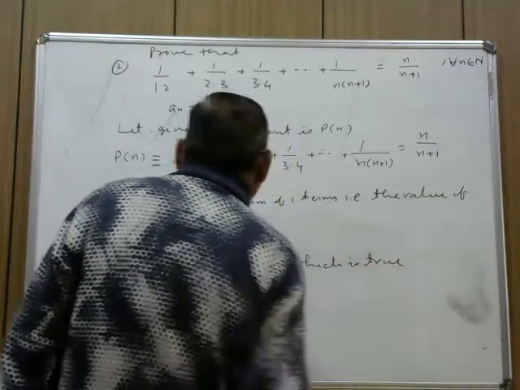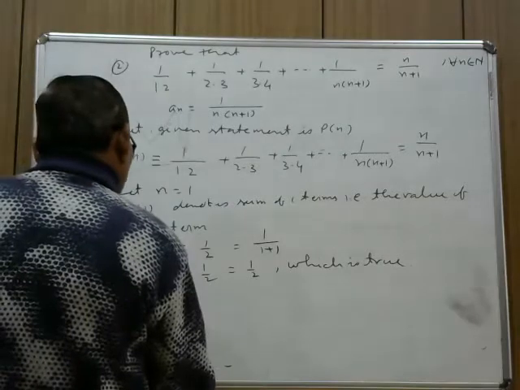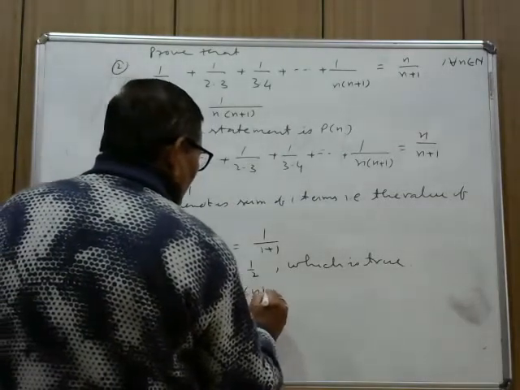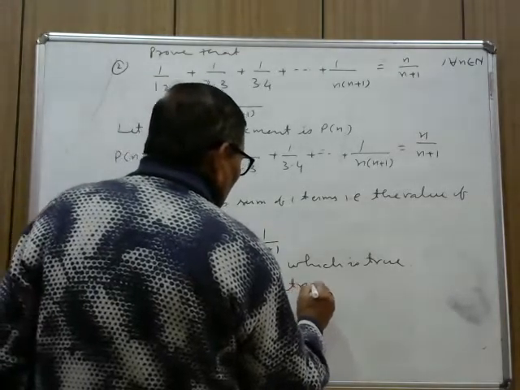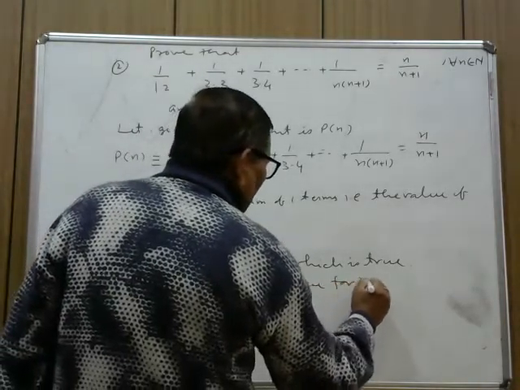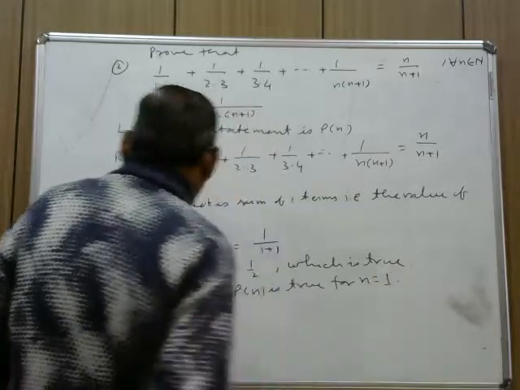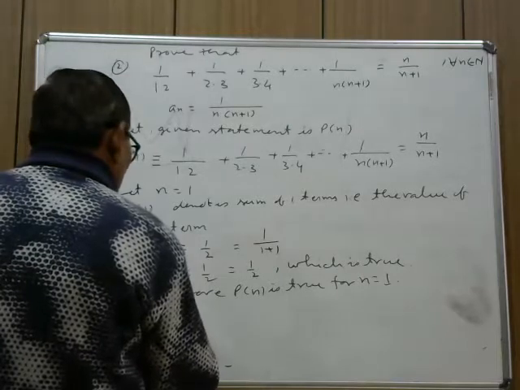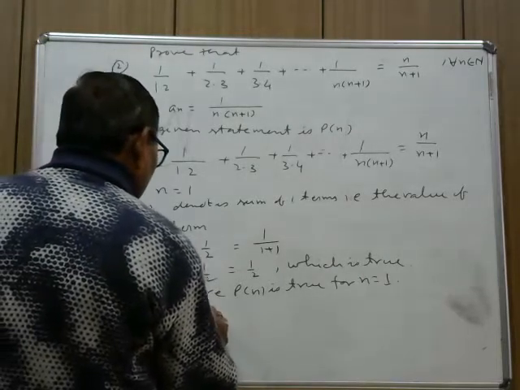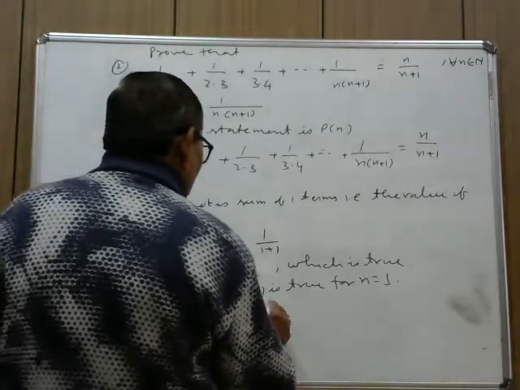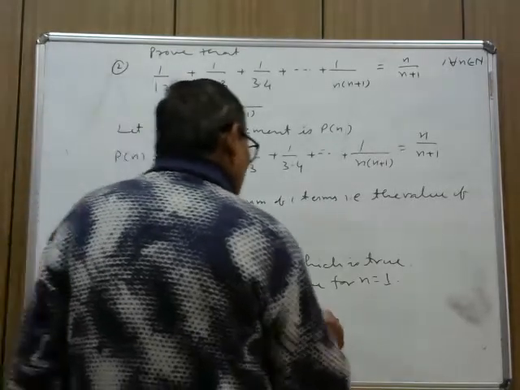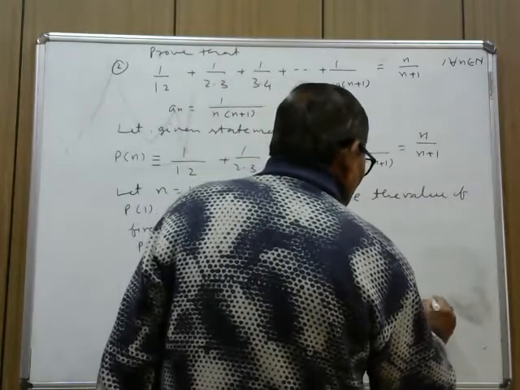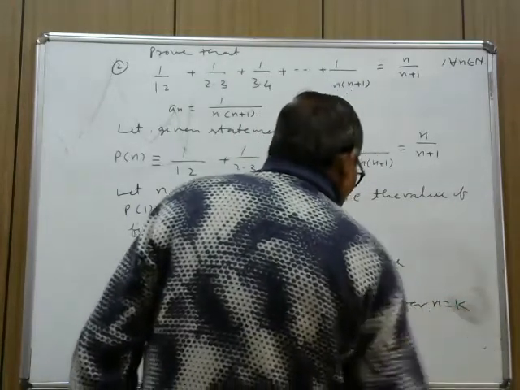So we can say that therefore Pn is true for n equals to 1. Now we suppose that Pn is true for n equals to k.